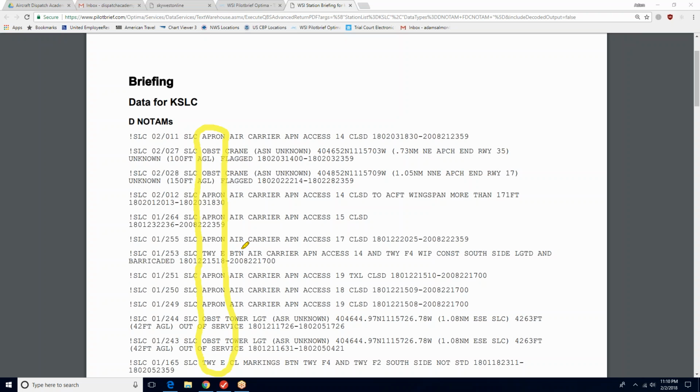Train your mind to look for the acronyms we just talked about, and you don't have to look at anything else in the NOTAM. If you're scanning through these and you want to do it really quick, set your eyes right here, start with this word, and go down. The only time you stop is when you see one of those acronyms that I listed.